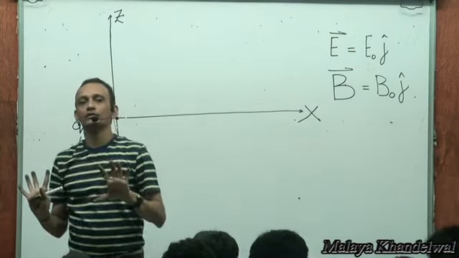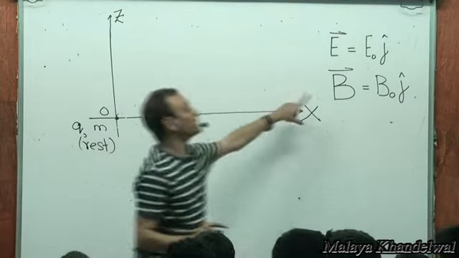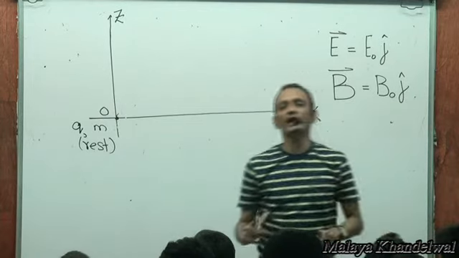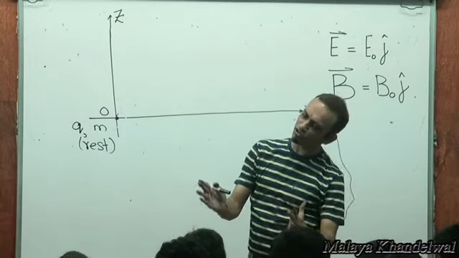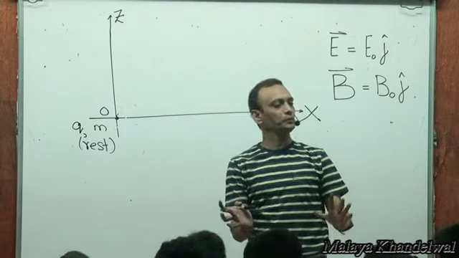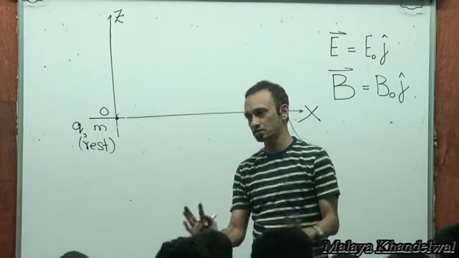Let me look at what the magnetic field does. Let me look at what the electric field does. And let me superimpose the effect of both. That would be the blueprint that I am going to embrace.